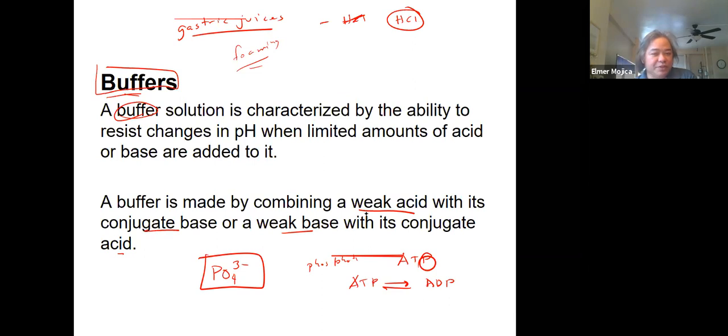And as you can see, phosphate is a weak acid. So whenever you have what we call a buffer system, it's made up of a weak acid and its conjugate salt. Okay?